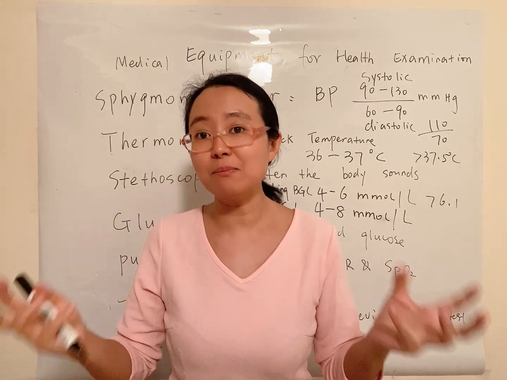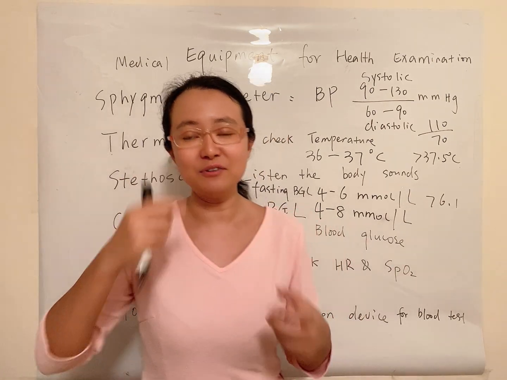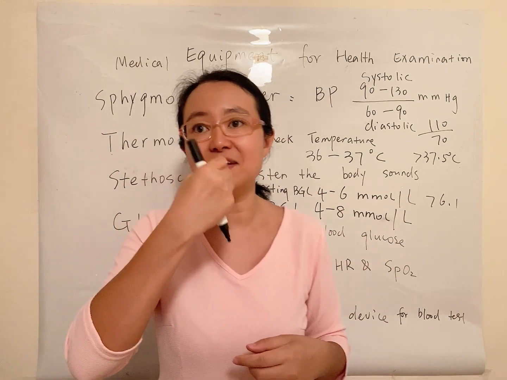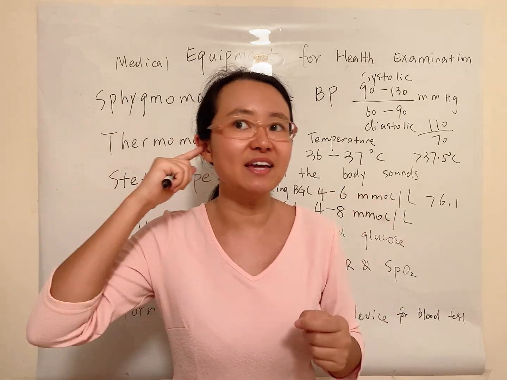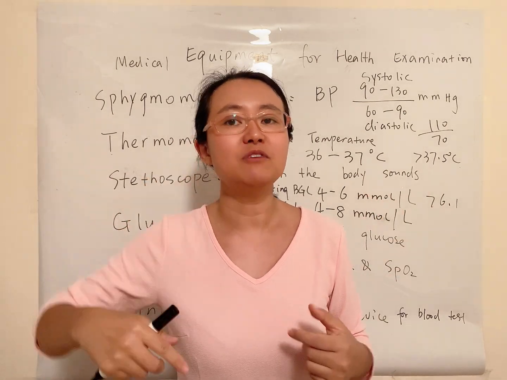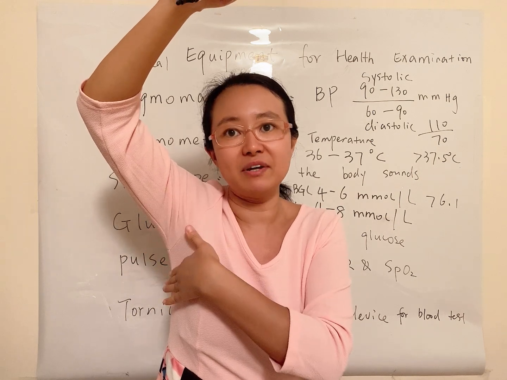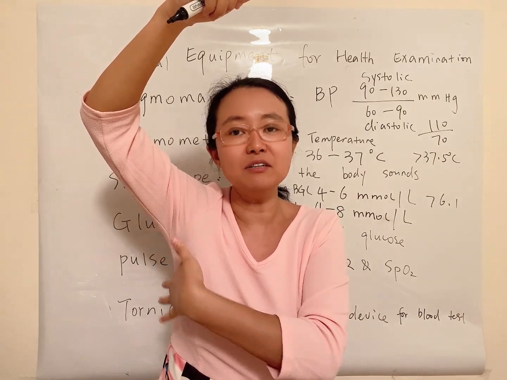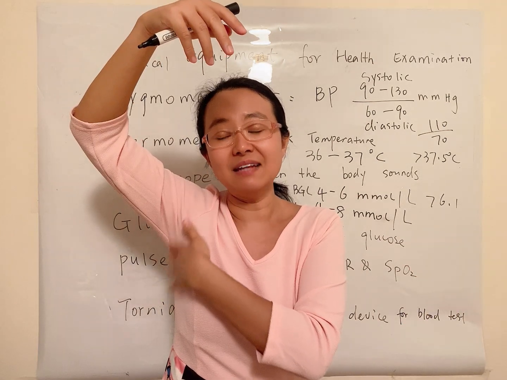So there are different types of thermometer that you can use to check temperature in different sites, right? You can use a thermometer to check temperature in the mouth, and this is called oral thermometer. If you check temperature in the ear, this is called a tympanic thermometer. If you use this to check under the armpit, this is called an axillary site. So axillary is also the professional name for under the armpit.